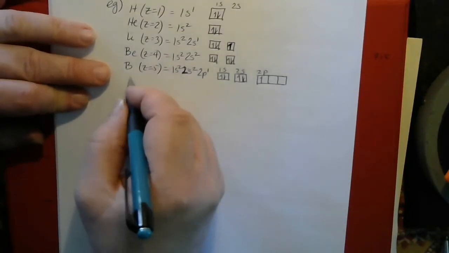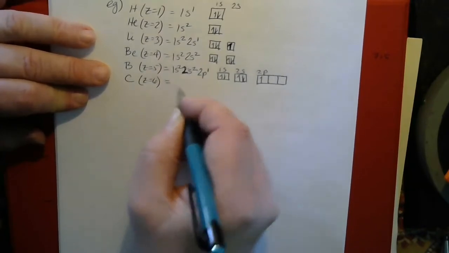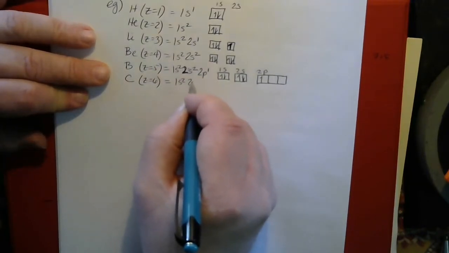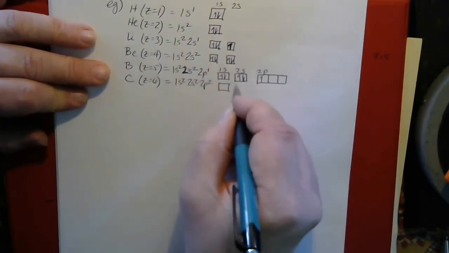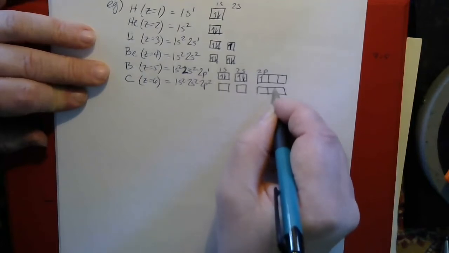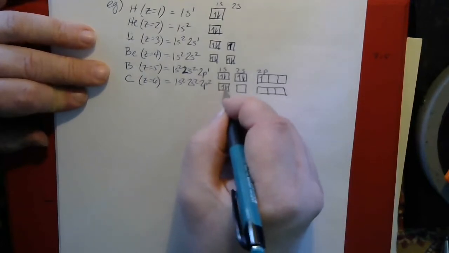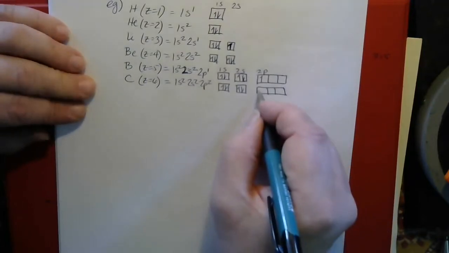The next element is carbon with 6 electrons. And things get interesting here. Because, well, we've got 1s2, 2s2. We know how that goes.